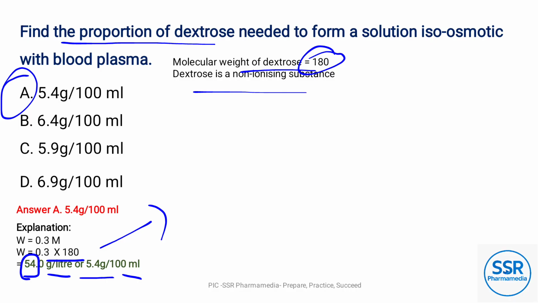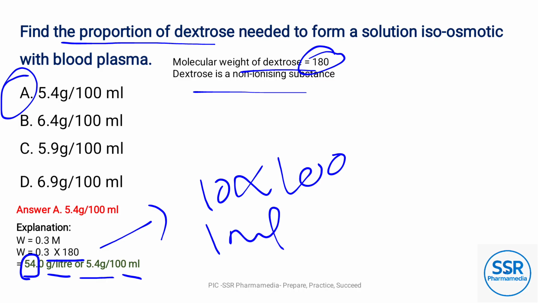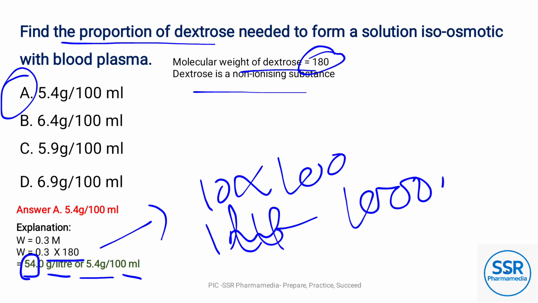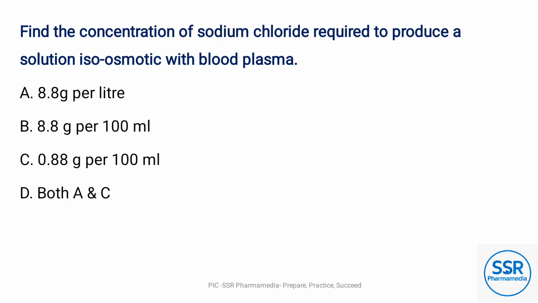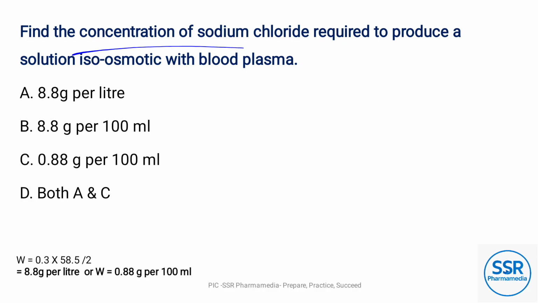1 liter is equal to 1000 ml, so for 100 ml we need to calculate 5.4 gram. Find out the concentration of sodium chloride required to produce a solution isoosmotic with blood plasma.